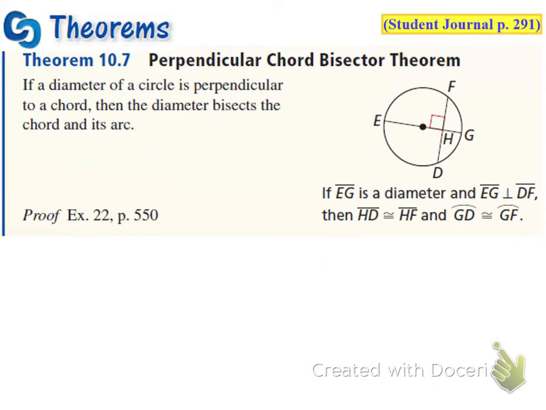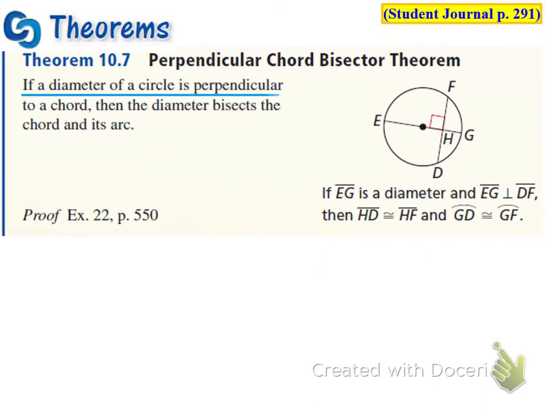The second property, again, you're going to highlight what I tell you. If a diameter of a circle is perpendicular to a chord, then the diameter bisects the chord and its arc. So highlight, you've got a diameter, and it is perpendicular to a chord. That means the diameter bisects the chord and its arc.